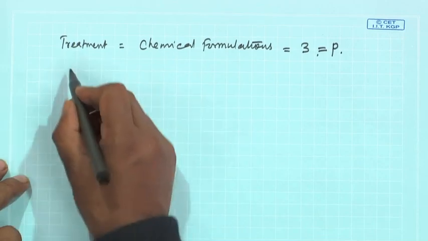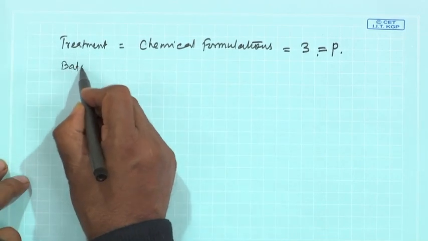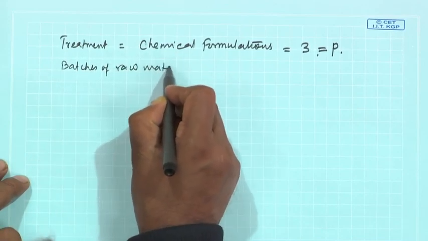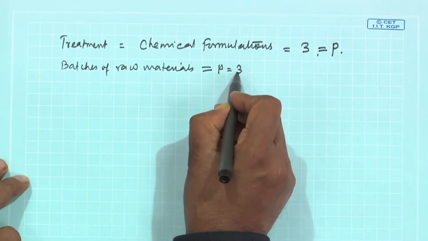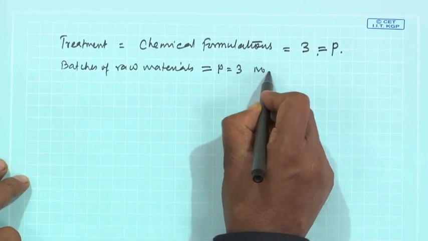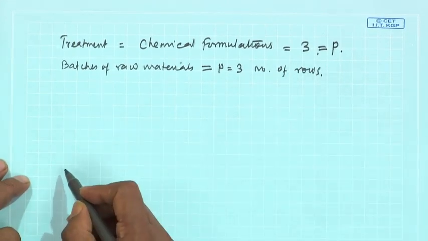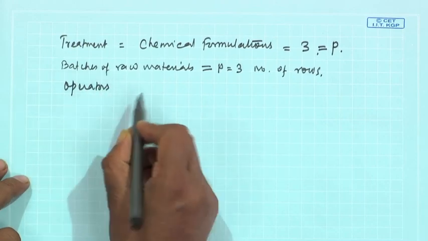Then what is the first blocking factor? Batches of raw material. How many batches are required here? We require p equal to 3 batches, so this is 3 number of rows. Then the second one is our operators, the second nuisance factor.